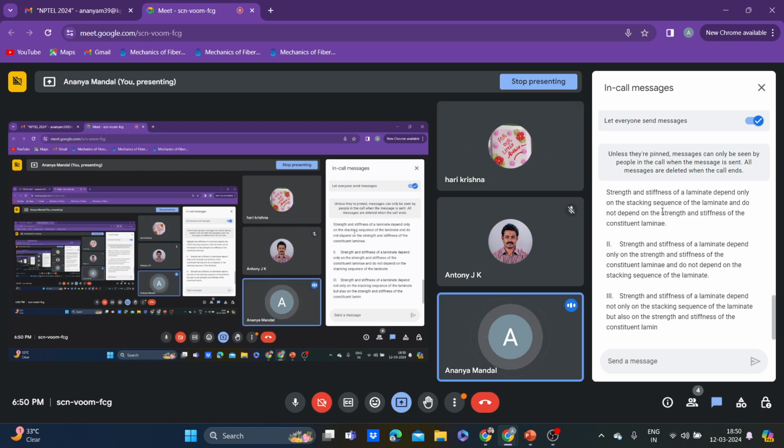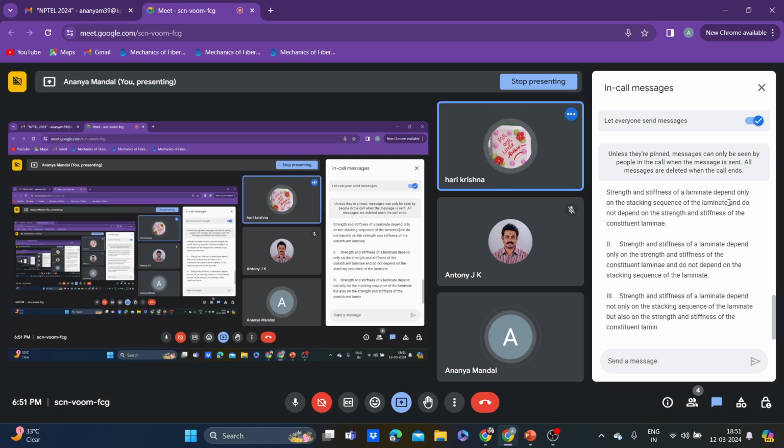The first one, that the strength and stiffness of the laminate depend only on the stacking sequence, is wrong. In the first statement, the first part is right and the second part is wrong. The strength and stiffness of a laminate depend upon the stacking sequence and the constituent lamina.